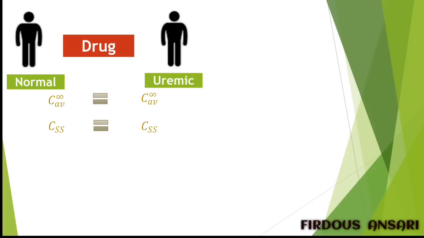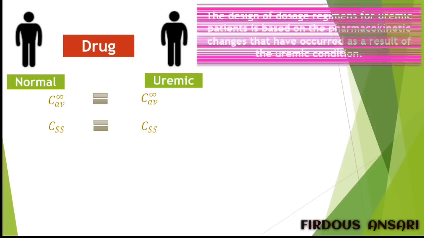So despite the pharmacokinetic variations in uremic patients, we need to maintain a normal plasma concentration of the drug in uremic patients as that found in normal individuals. So basically we need to adjust the dose in such a manner as to get the desired plasma concentration and steady state concentration of the drug in these uremic patients.